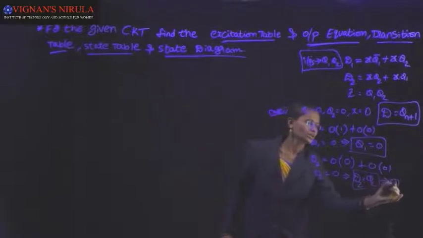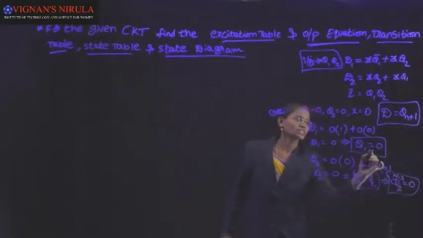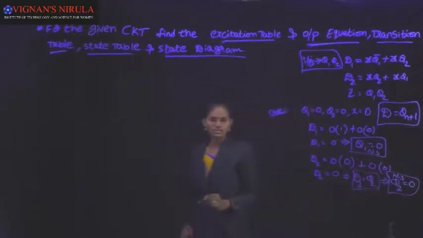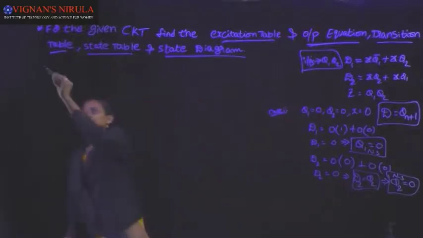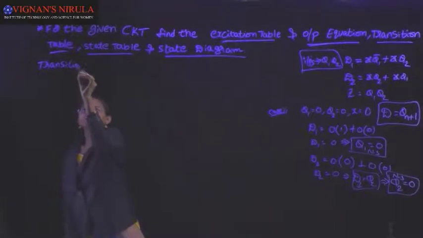In this, the next state Q2 is also 0. This is the next state and this one is also a next state. And next write down the transition table.